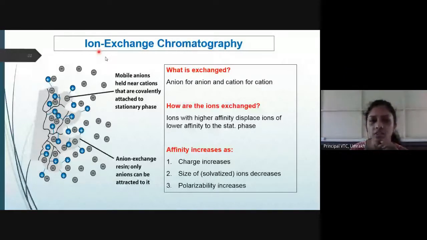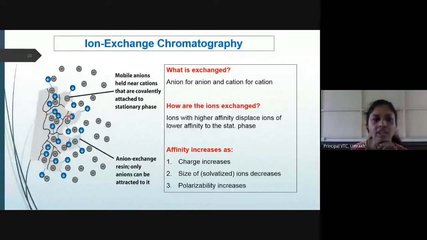Ions with high affinity displace ions with low affinity at the stationary phase. In this figure we can see the stationary phase, which will have some bonded anions or cations.